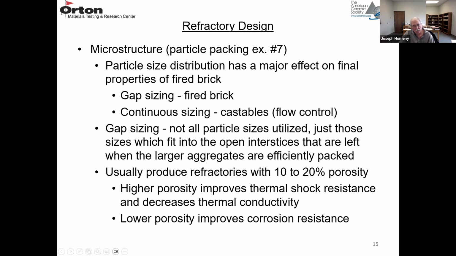So these usually produce refractories with 10 to 20% porosity. Porosity usually improves thermal shock resistance. It decreases thermal conductivity, but the lower porosity also improves corrosion resistance.